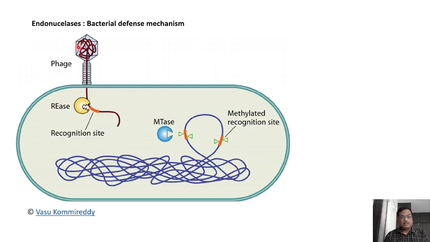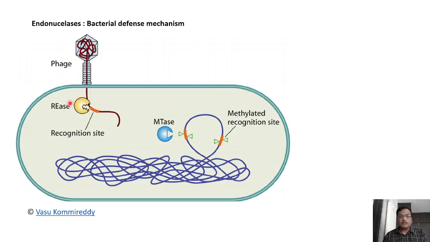Say this phage, it will introduce its own DNA into the bacterial cell, which will multiply and which will ultimately destroy the bacterial cell. So when the DNA of the virus is introduced into the bacterial cytoplasm, the restriction endonuclease enzyme of the bacteria is going to destroy the DNA of the virus, right? So as the bacteria which enters into my body is going to be destroyed by the antibodies of my immune system, in the same way, the restriction endonuclease enzyme of the bacteria will destroy the DNA of the virus.